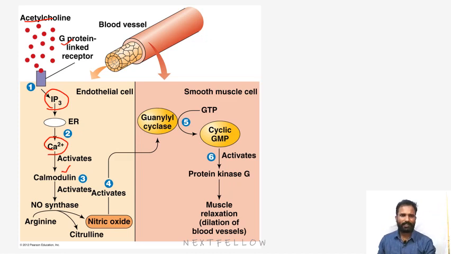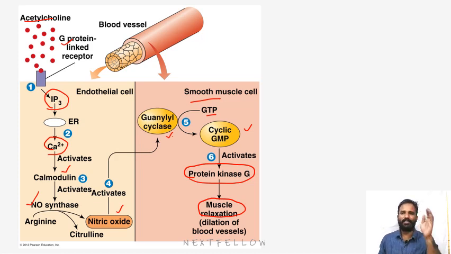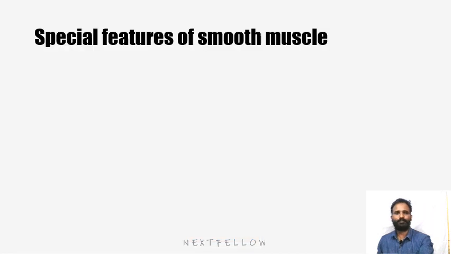And it also activates nitric oxide synthase, which synthesizes nitric oxide, and this nitric oxide enters the smooth muscle cell and will cause the activation of guanyl cyclase, which converts the GTP into cyclic GMP, which activates the protein kinase G, which causes muscle relaxation. So muscle relaxation occurs not only after the contraction, it also occurs with the help of a ligand.